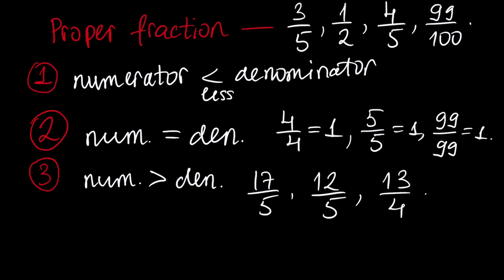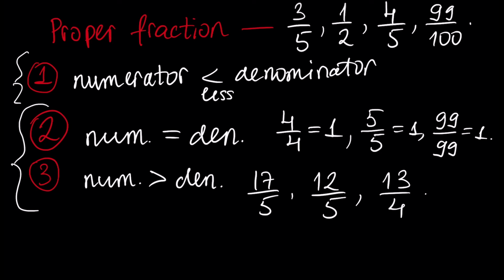These kinds of fractions, cases 2 and 3, are called improper fractions, whereas case 1 is called a proper fraction, and cases 2 and 3 are called improper fractions.